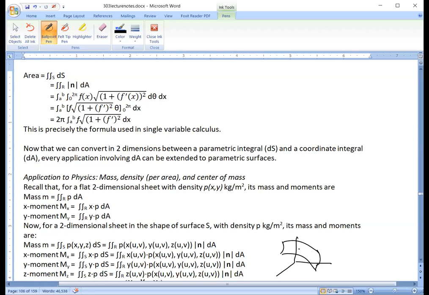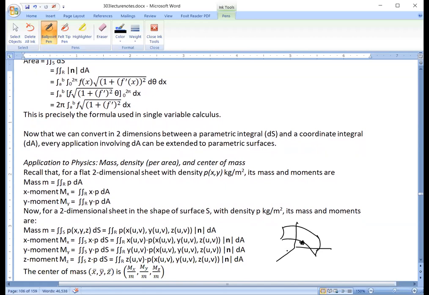So if you want to define, for example, a center of mass, that center of mass is going to exist in three-dimensional space. So it's going to have an x moment and a y moment and a z moment, and they're all calculated in a similar fashion. And once again, we know how to write the conversion, which is the parametrization.